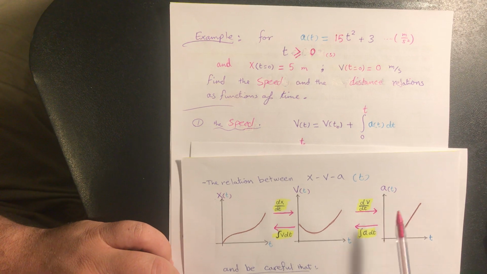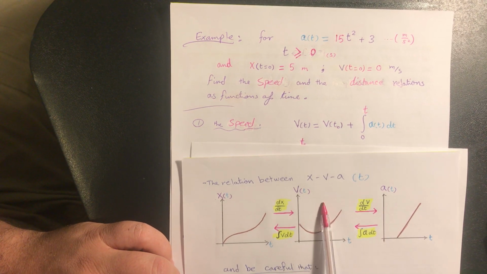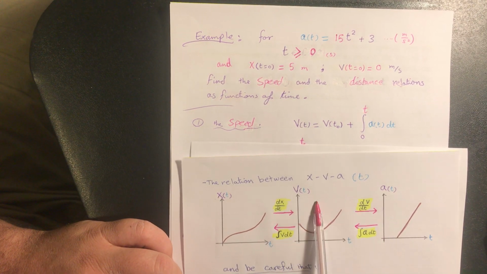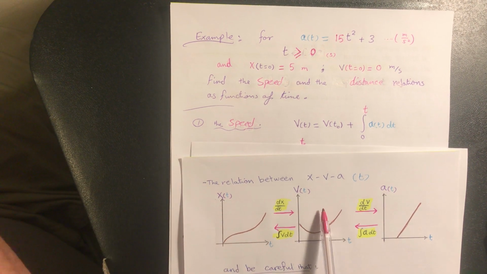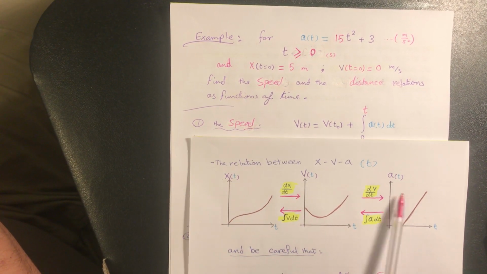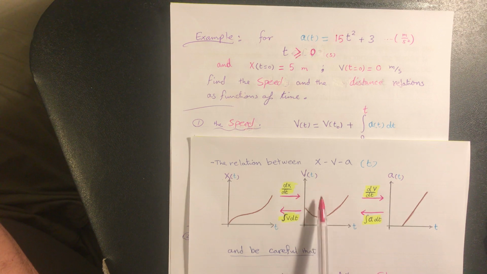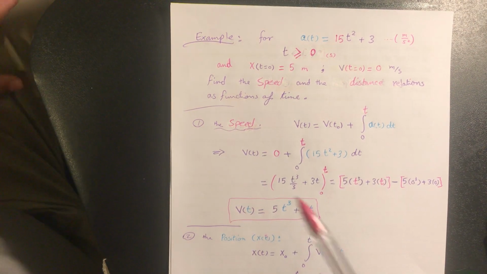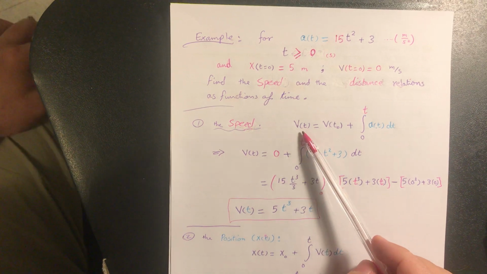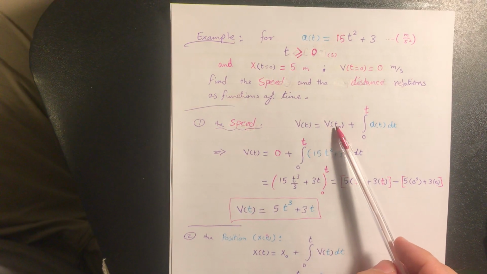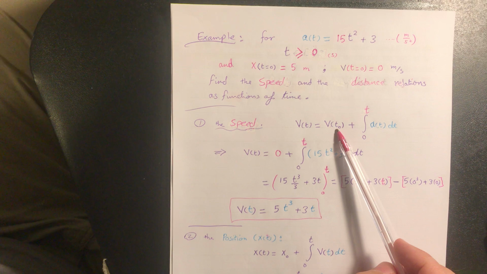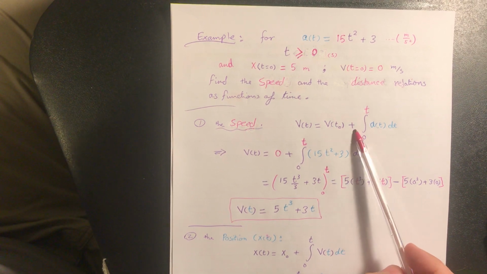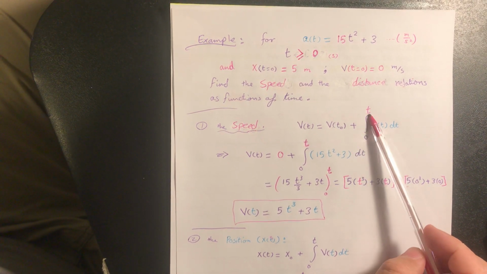Okay, the first step, we are here, we need to move here. If we have the velocity function, then we can go by differentiation to the acceleration and by integration to the position function. Okay, velocity as a function of t is equal to v at t equals 0, or v naught, plus the integration from 0 to t of the acceleration as a function of t.